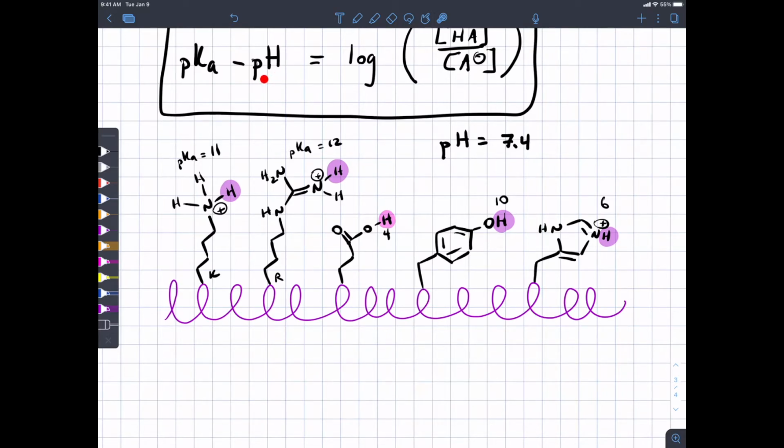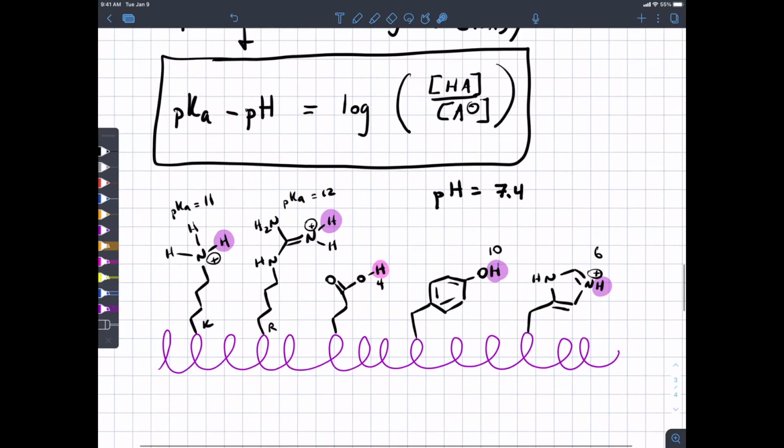You just have to be able to do greater than, less than. 11 minus 7.4 is a positive number, right? Which means that this ratio has to be greater than 1, less than 1, or equal to 1. Greater than 1, right? If the logarithm is positive, the number inside has to be greater than 1. So that means the acidic form dominates.